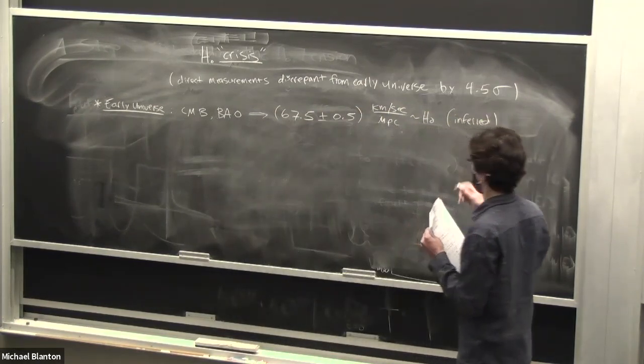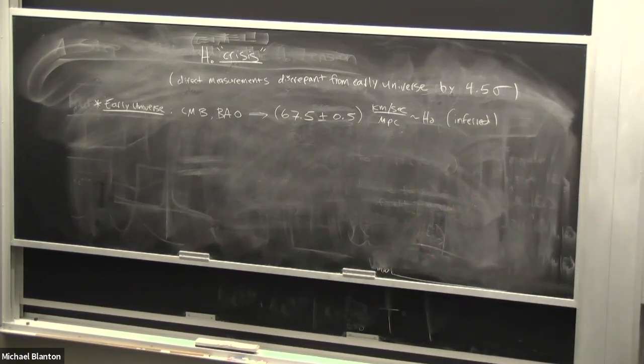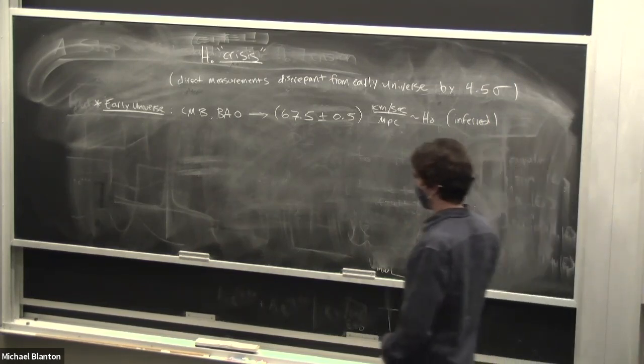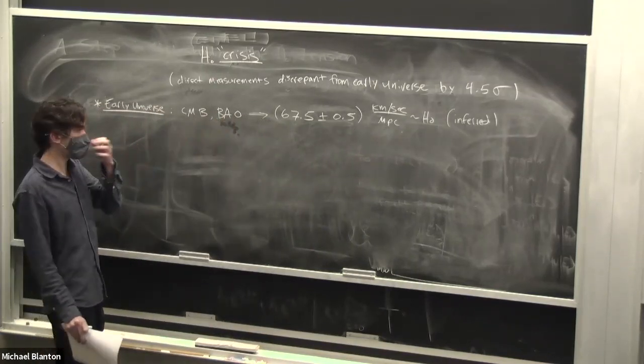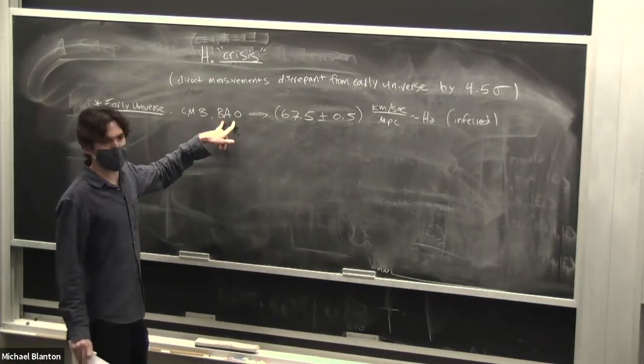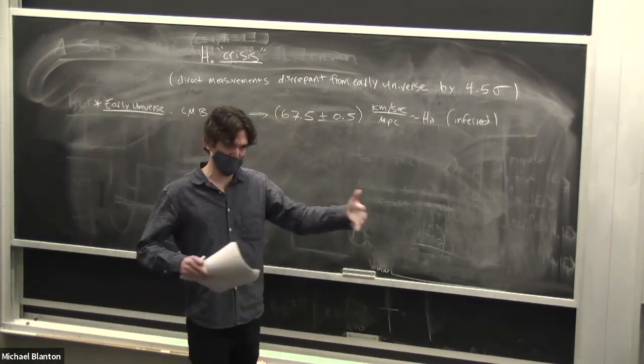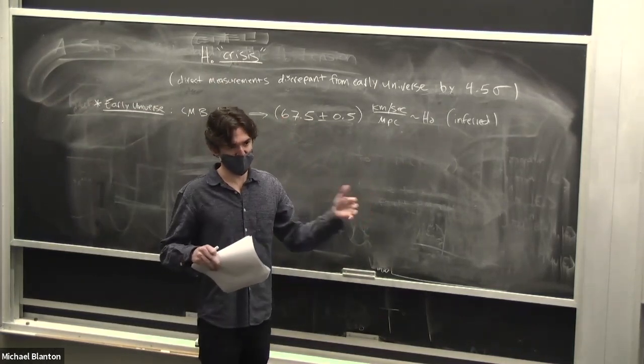Your definition of early is z of order one, right? Sorry. Yeah, BAO is galaxies at low z, but really when you look at the BAO and infer an H naught, you have to assume some early universe cosmology.